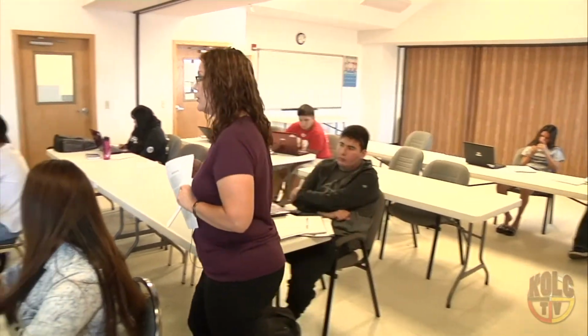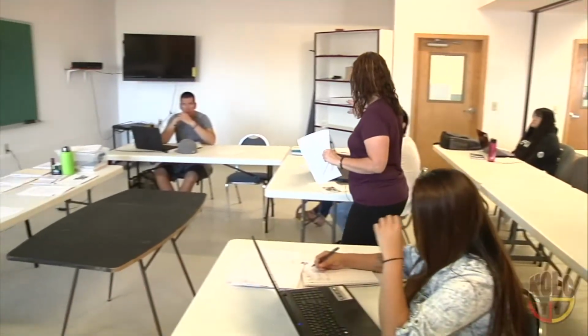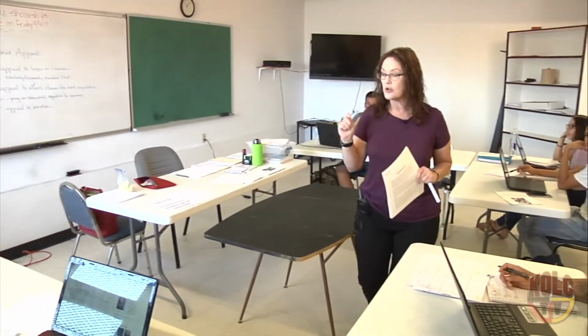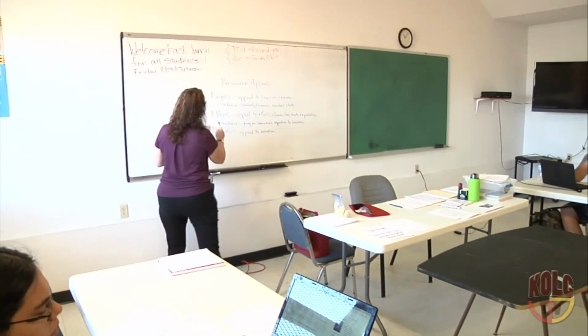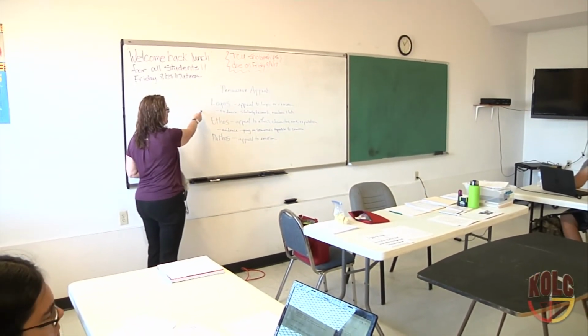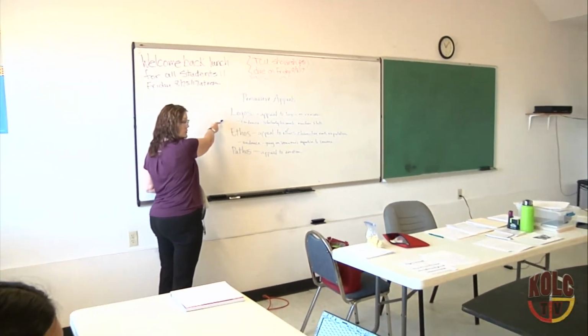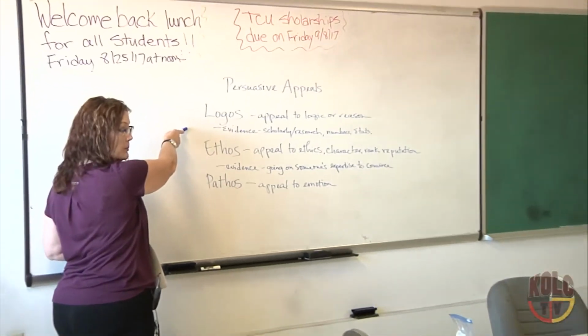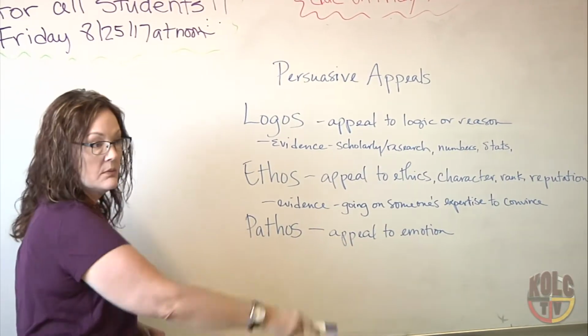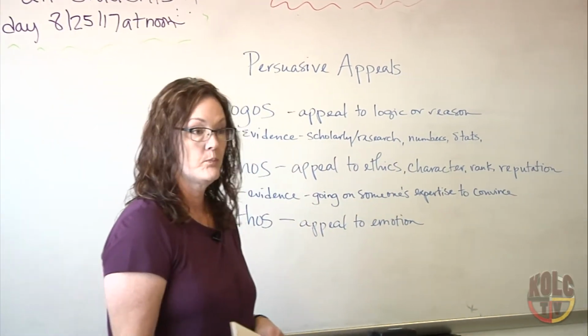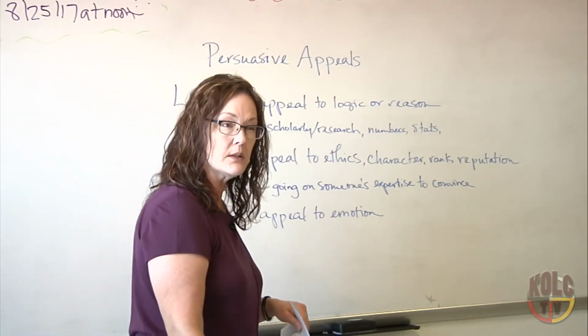Now, what you're going to do is, in your groups, write this letter to your siblings. And you need a paragraph in which you appeal by logic, by ethos, and by pathos. Okay? Does that make sense?